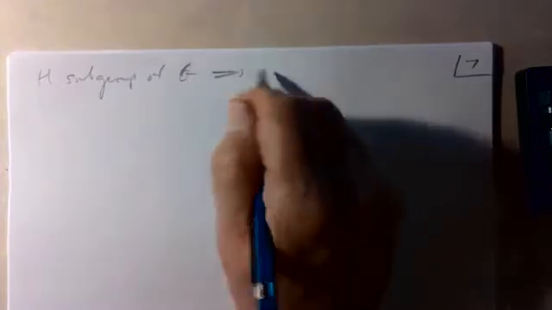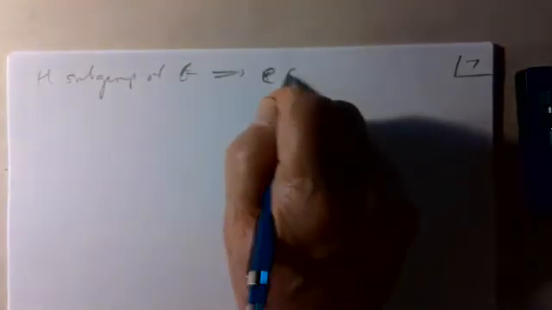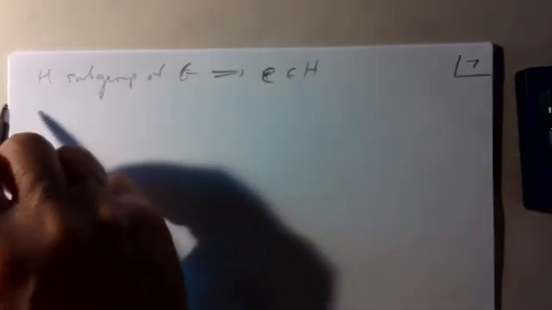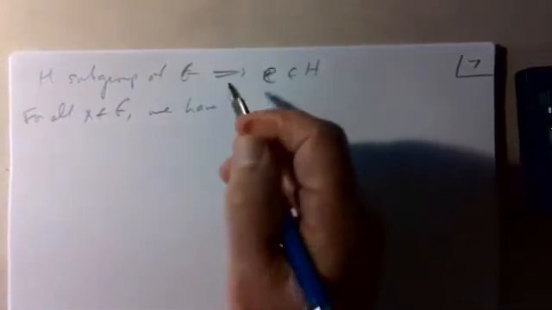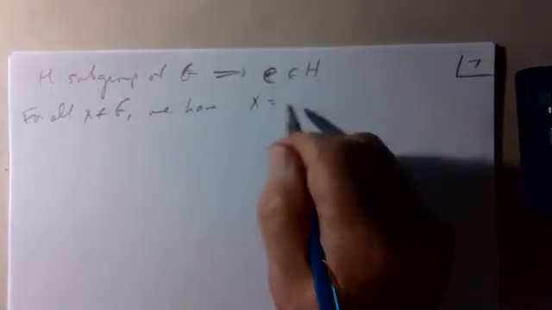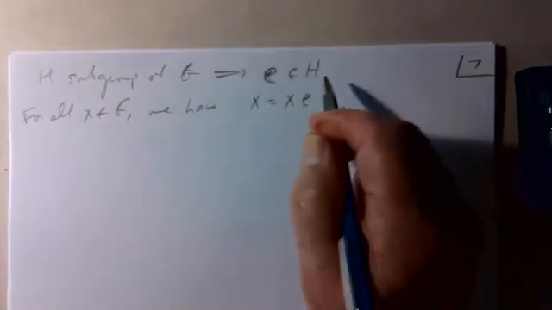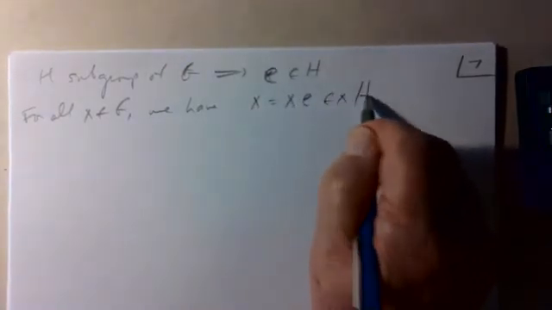So first of all, you notice we have H, a subgroup of G, which means, first of all, the identity element is in H. So for all X in the group, we have X, which is XE, is in the left coset.